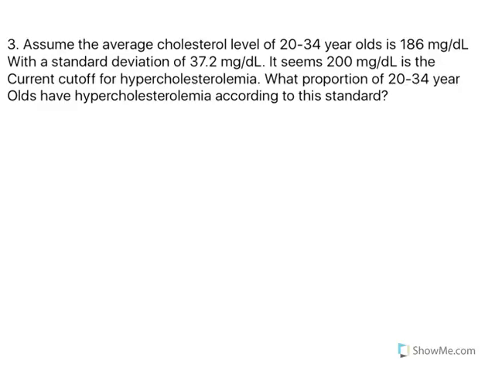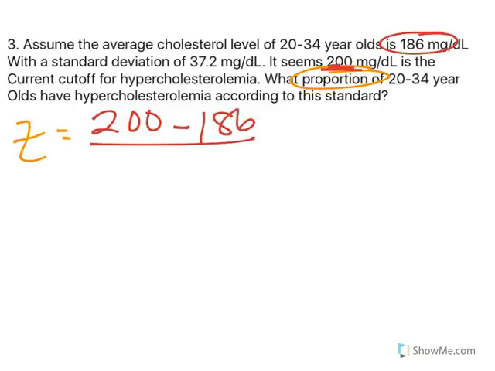So what proportion of 20 to 34-year-olds have high cholesterol according to this standard? Well, if we need to find proportion, that means we need to find a z-score. So we have a value, 200, minus the mean, right, because here's the average, 186, divide by the standard deviation of 37.2. So I have 14 over 37.2, which results in a z-score of approximately 0.37.